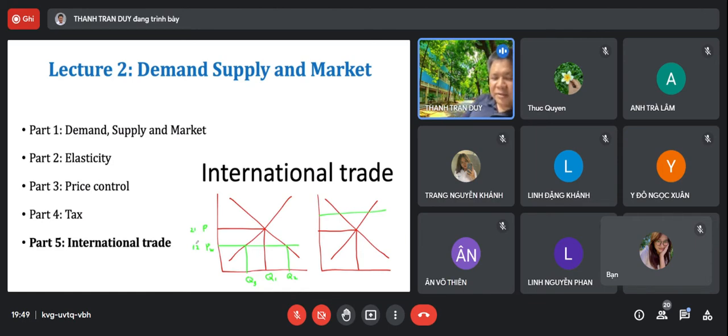Should we import Thai sugar? Should we do it?